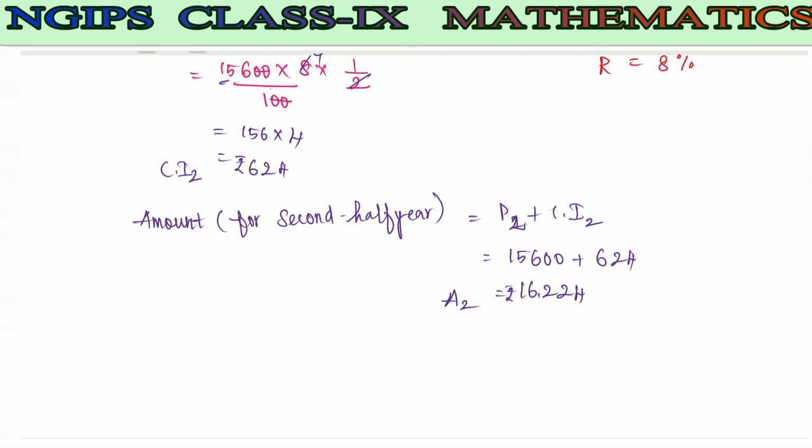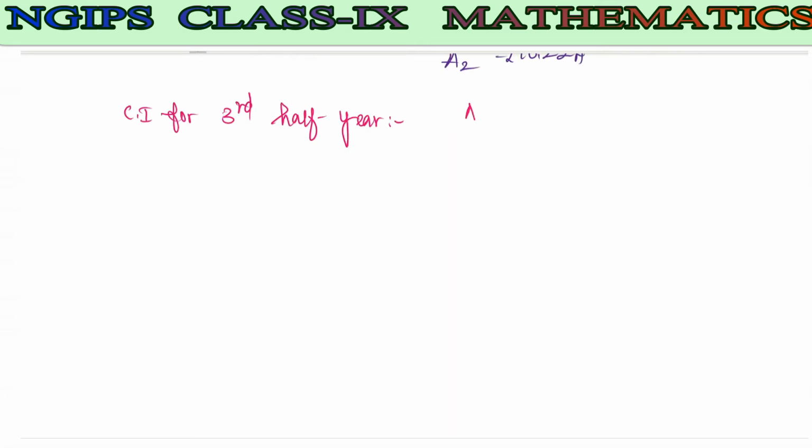Now we need to calculate the compound interest for the third half year. The second half year amount, here we got 16,224 rupees, and it is nothing but the third half year principal, and rate is 8%.